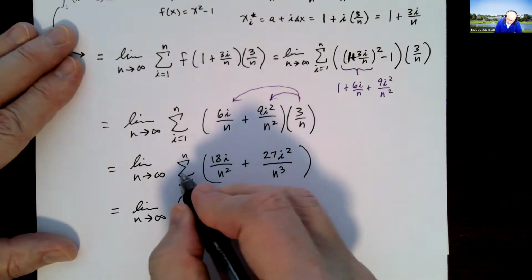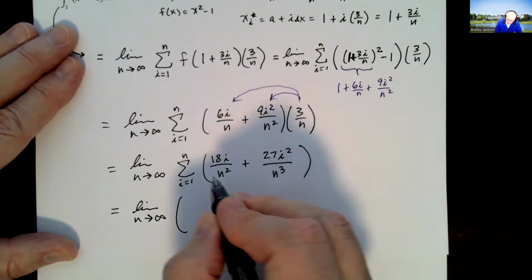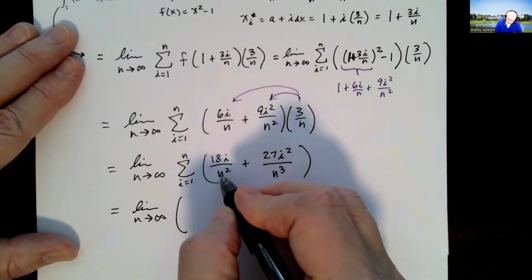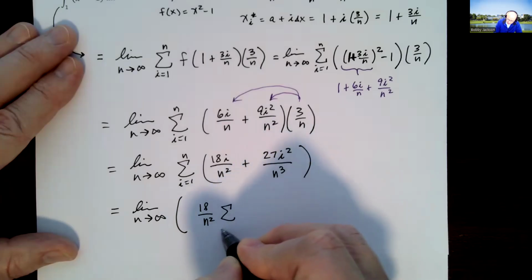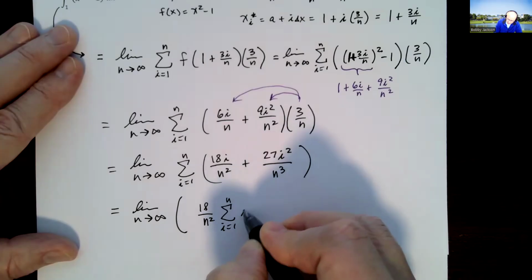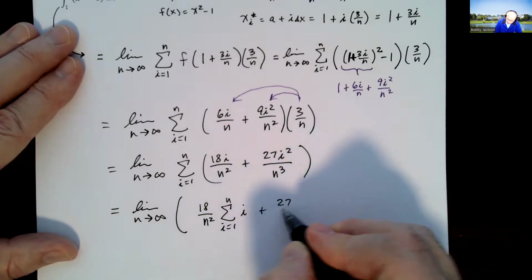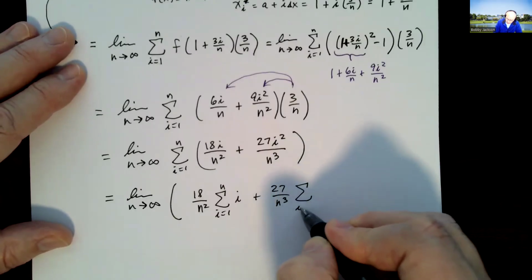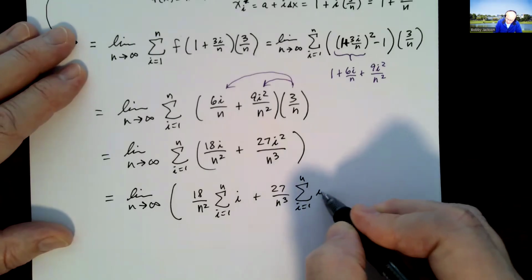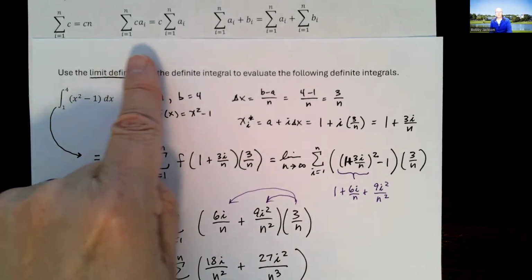It'll be this summation i equals 1 to n of this plus summation i equals 1 to n of this. Now this one, the 18 over n squared is a constant multiple, and that can come out, and we're left with the summation i equals 1 to n of just i. This summation, the 27 over n cubed, can come out, and we're left with the summation i equals 1 to n of i squared.